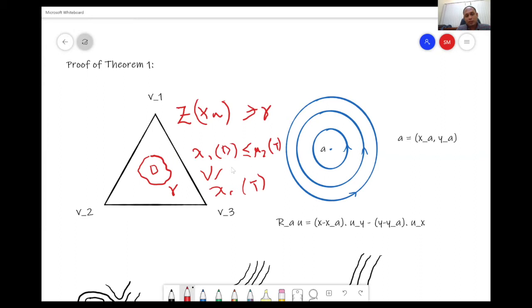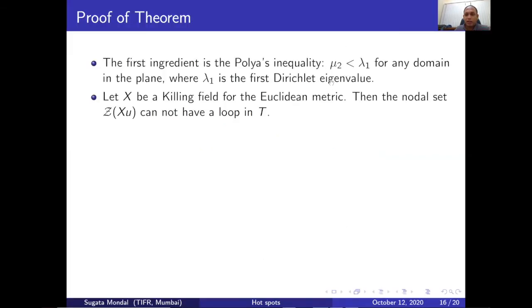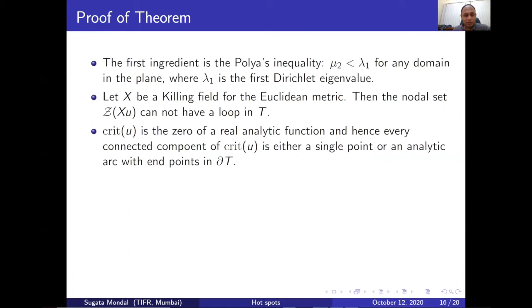So this gives you that lambda 1 of T is bounded from above by the second Neumann eigenvalue of T. But as I had by Pólya's inequality in here, I know that that's never going to be true. Okay, so this is the proof of this particular implication.